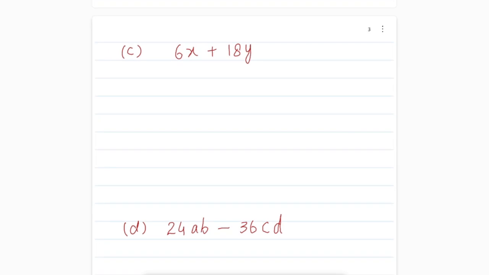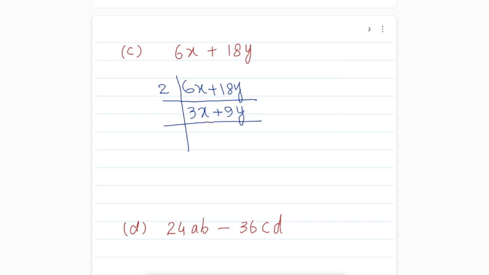Now coming to the next question, there is 6x plus 18y, and we are factorizing using the same HCF method. So we'll be looking for 2. Yes, 2 is a common divisor, so we'll be dividing by 2. Previously we had done 2 3s are 6 and x, plus 2 9s are 18 and then y. Still we can see that there is a common divisor for both 3 and 9, which is 3.